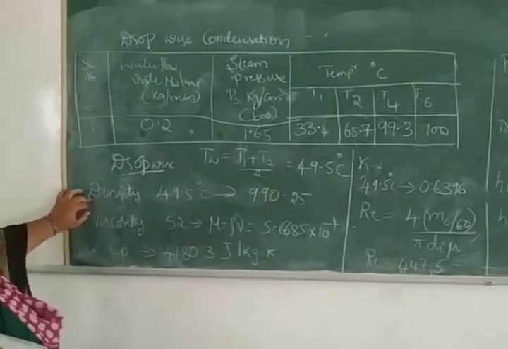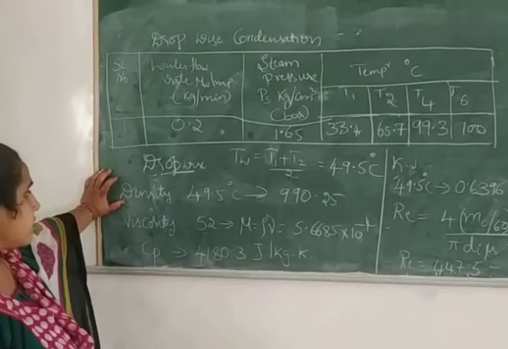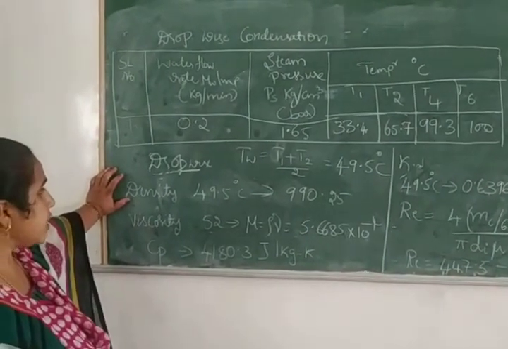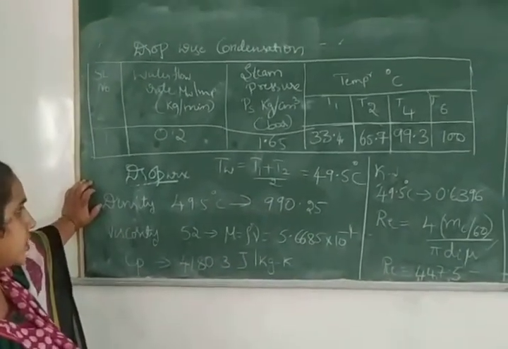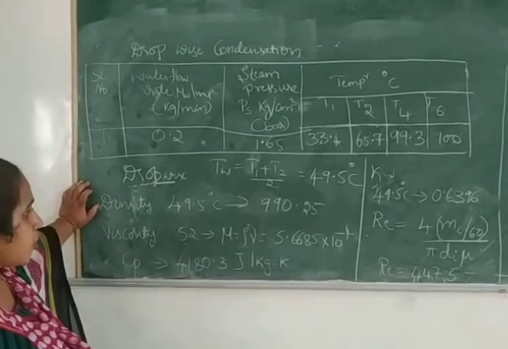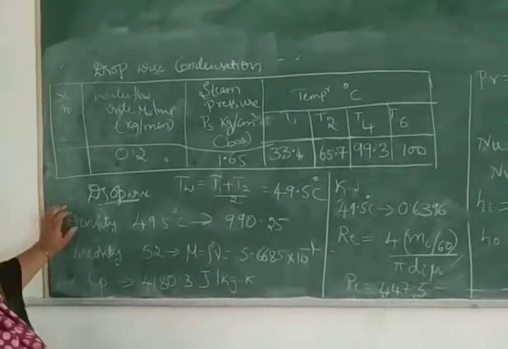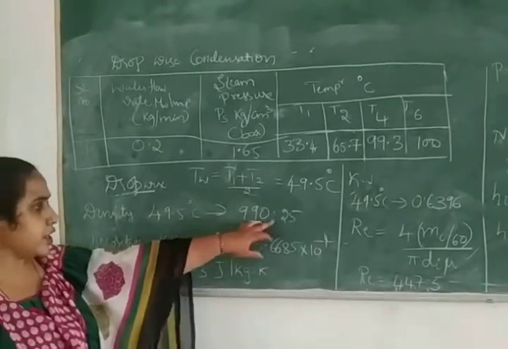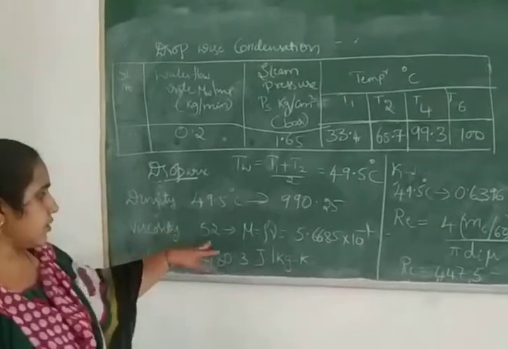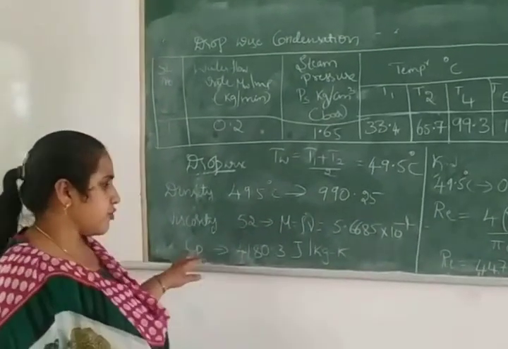Again, as we discussed previously, from the data handbook we have to get these values for 49.5 degrees Celsius. Anyhow, you are not going to get this value directly, only after interpolation. After doing the interpolation, the density will be 990.25. Viscosity will be equal to 5.6685 into 10 to the power of minus 4.